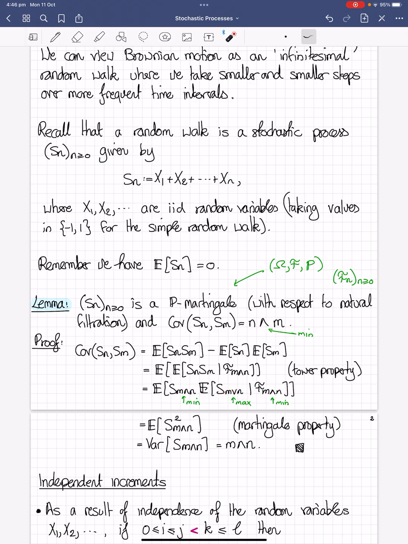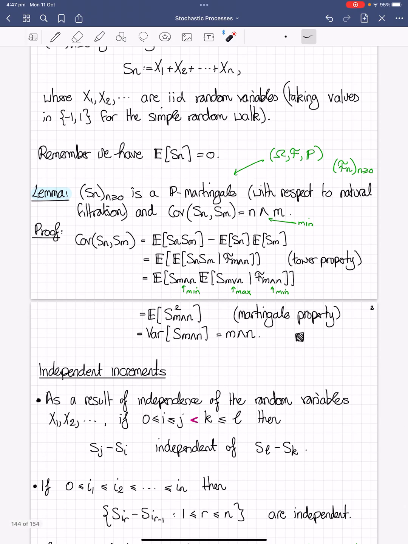This allows us to use the martingale property. Since the random walk is a martingale, we have S up to the minimum of m and n, times the same thing again, so we get a square. Since the mean is equal to 0, that is just equal to the variance, and the variance is equal to the minimum of m and n.